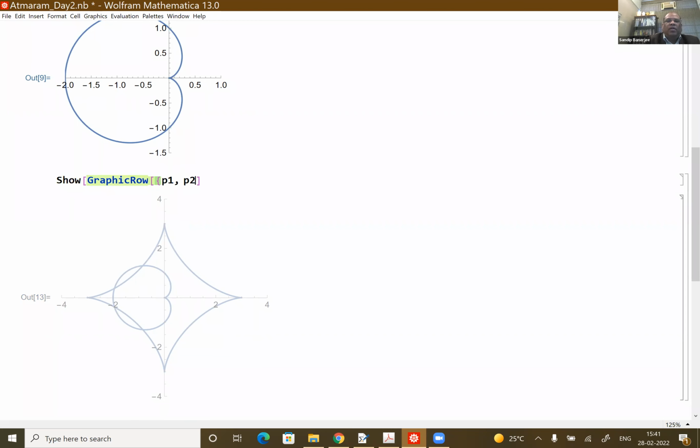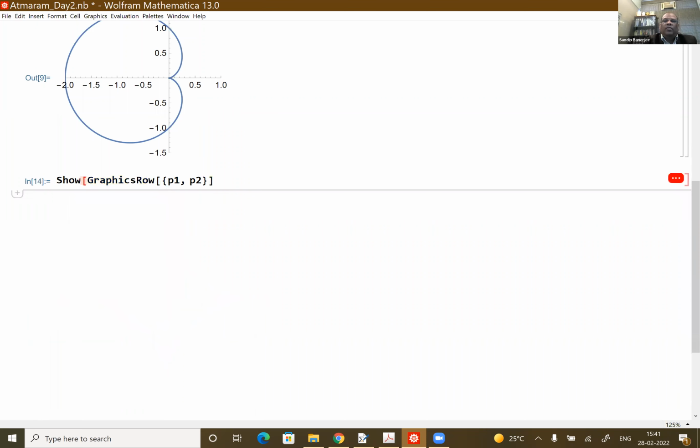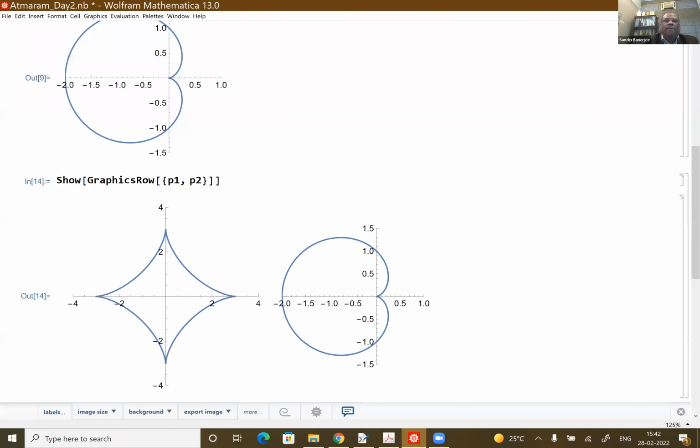Graphics row P1, P2. It should work. Graphics row. No. Okay, I made again a syntax error, as you can see. Show graphics row. So two brackets this side is 1. Should work now. Yeah. So sometimes if you make the syntax error, just have a look. It's mostly the typo.